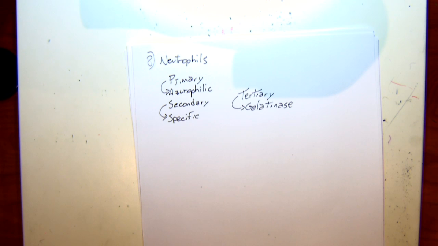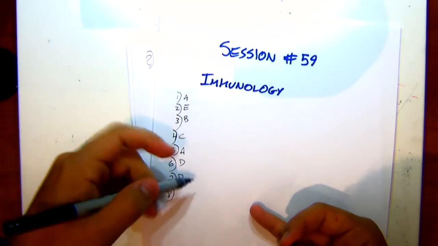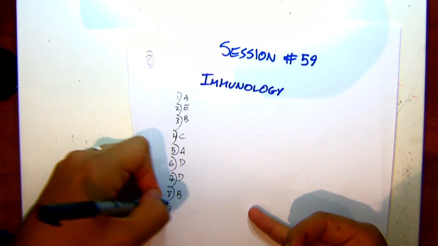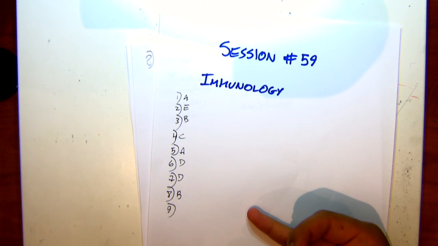Those were produced when a cell was invaded by a virus. They would secrete INF alpha and beta, and then NK cells would be the ones who secrete the INF gamma. Okay? So then 8 is false, 9 is C.